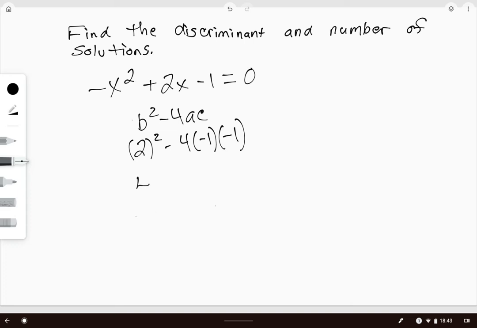So 2 squared is going to be 4. Minus, so 4 times a negative 1 is a negative 4. And then negative 4 times a negative 1 becomes a positive 4. So I have 4 minus 4, and that equals 0.